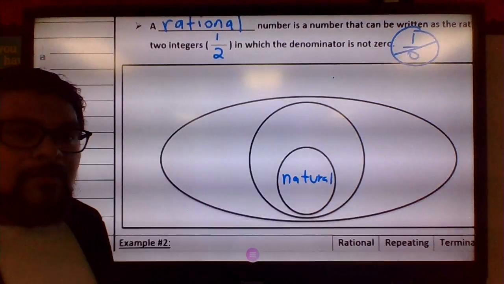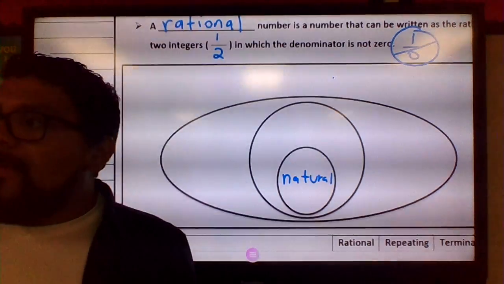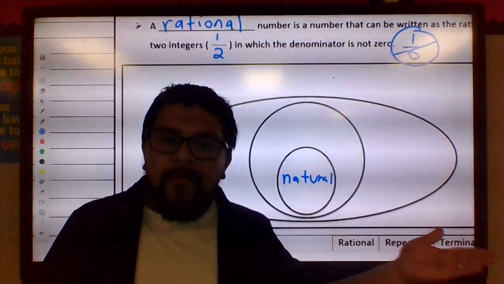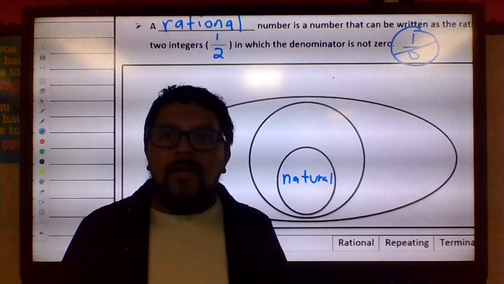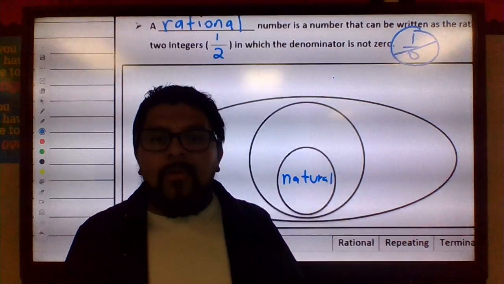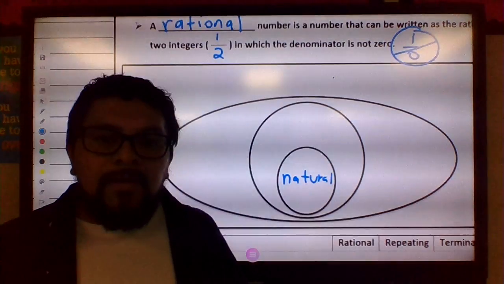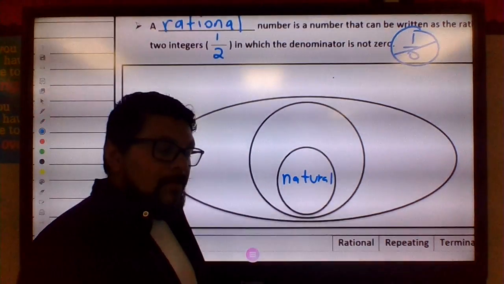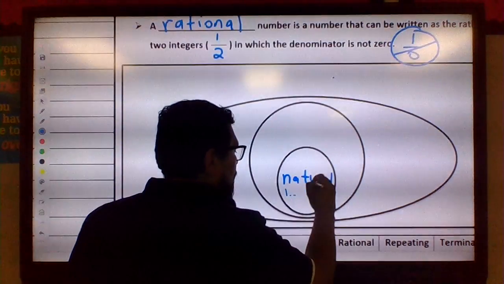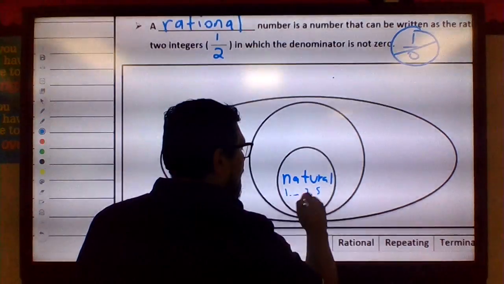This is how you begin to count. If you ask a little 3 or 4 year old to start counting, they're going to start counting 1, 2. They're not going to start at 0. So if they start off at 1, these are called natural numbers, and then they continue, 3, 5. They keep going.